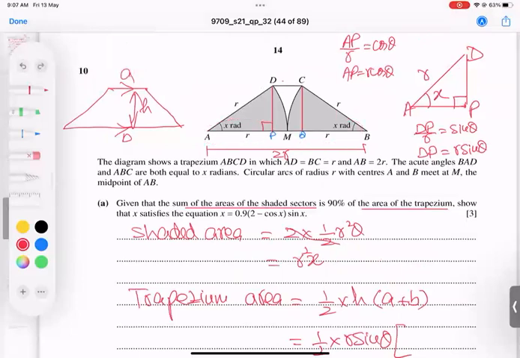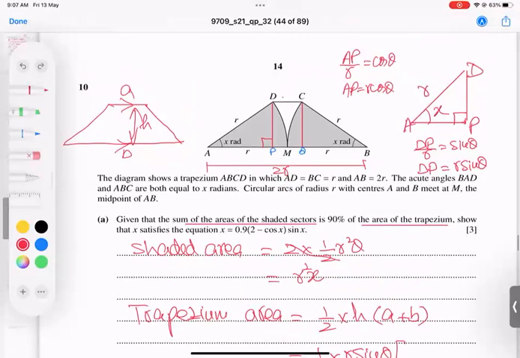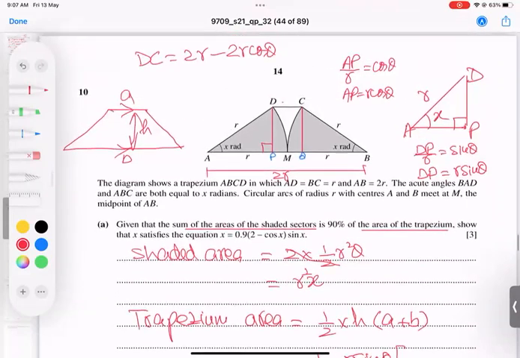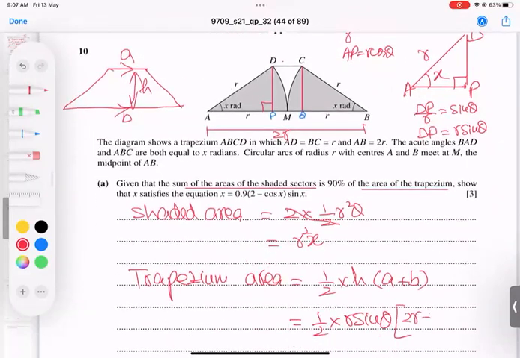So 2r cos theta, and subtract it from 2r. So I can write at the top, DC is actually 2r minus 2r cos theta. This is the a value, and plus the b value, which is 2r.